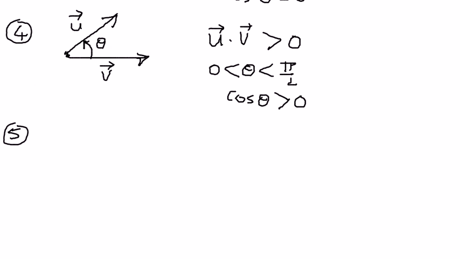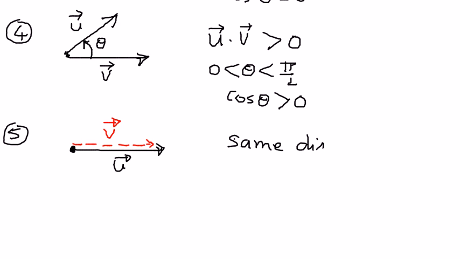another condition is, if we have a vector u and if we have another vector overlying on that, I'm going to represent that in red, and if we call that vector v, then these two vectors are in the same direction.